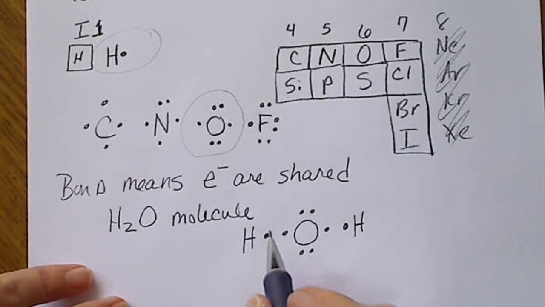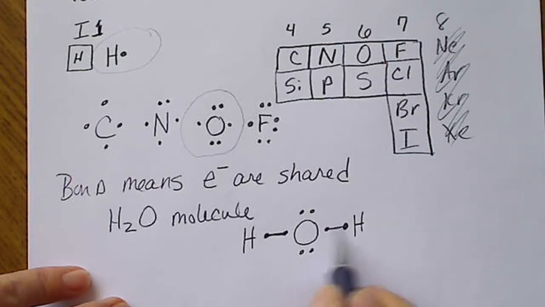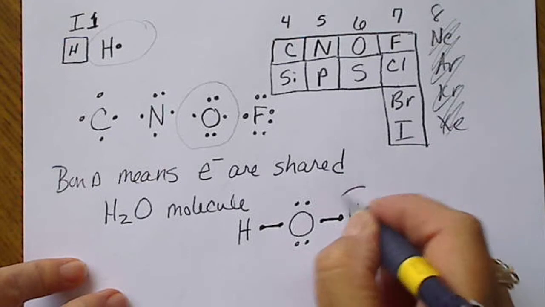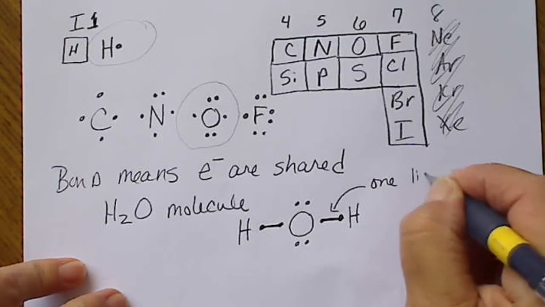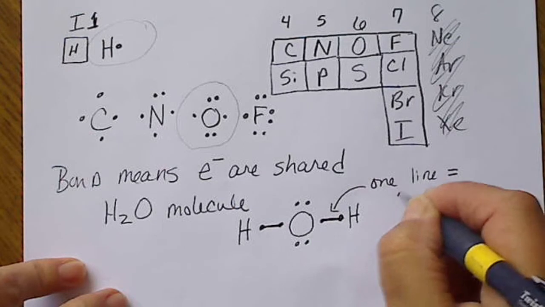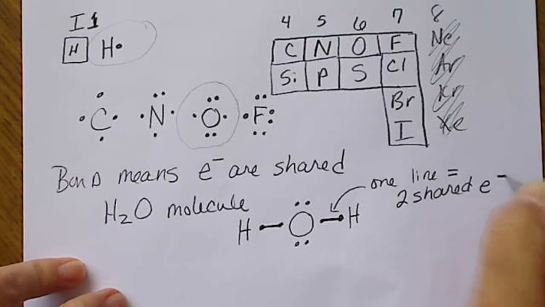And we're going to see that shared electrons are going to be drawn as a line. We'll see a lot about that. 1 line equals 2 shared electrons.